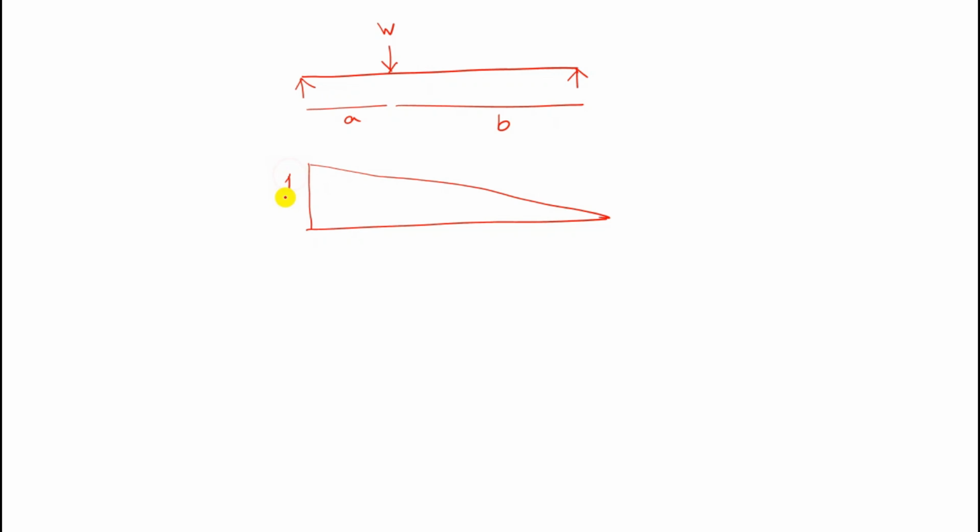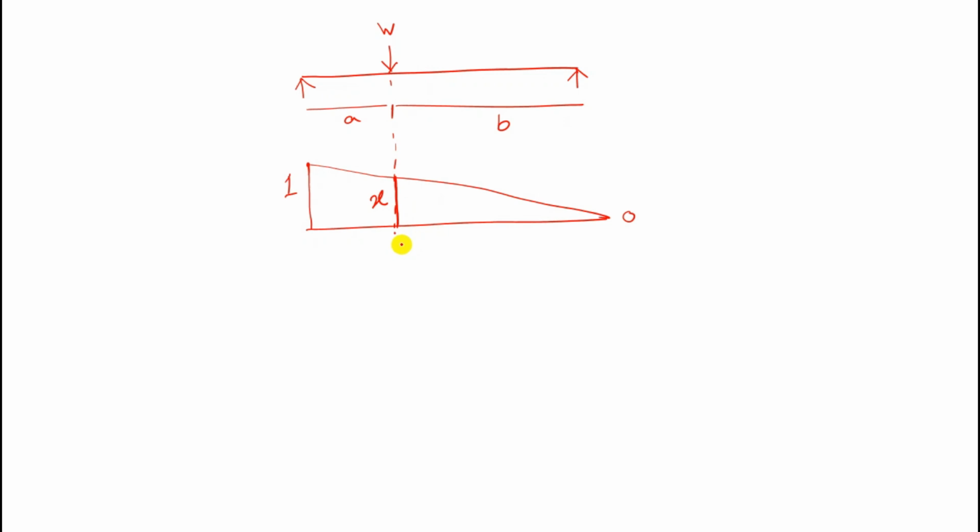This value is 1, this value is 0. Now what we have to do? We have to draw a vertical line here. So this distance you have to calculate. Suppose this is x.